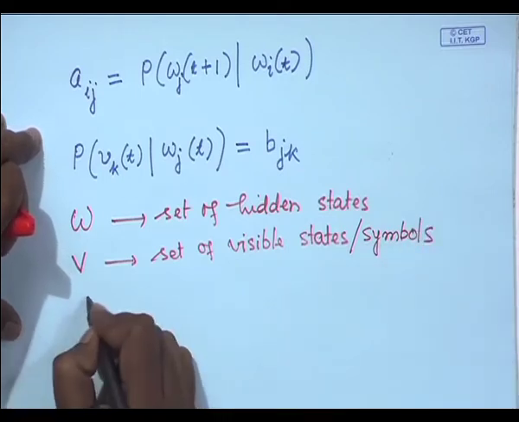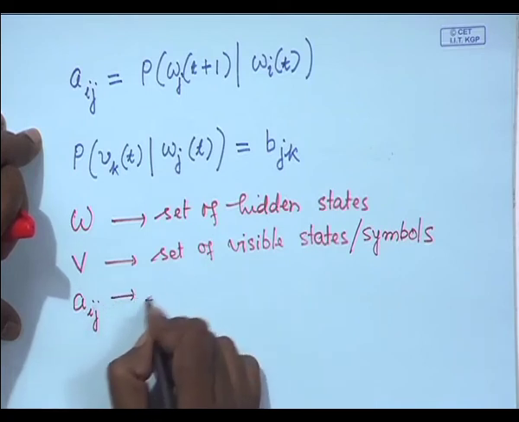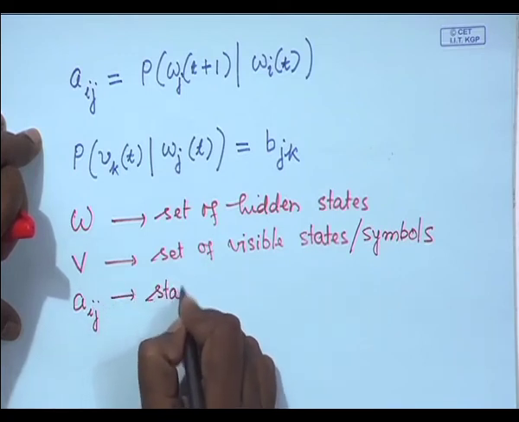I have to have a i j, which is the state transition probability.